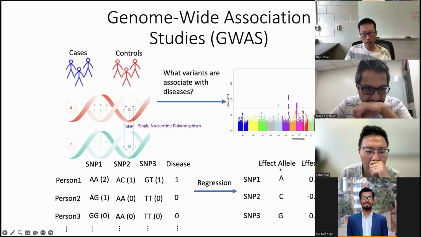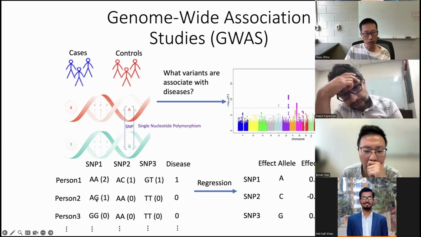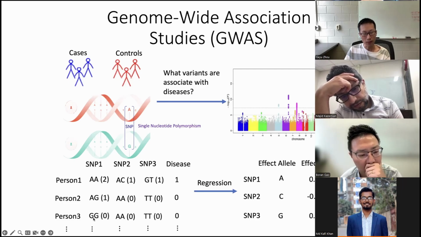Suppose for SNP1, we treat A as the effect allele. Then person 1 carries two copies of A, so we code the number as 2, person 2 carries one copy of A, so we code it as 1, and person 3 carries 0 copies of A, so we code it as 0.